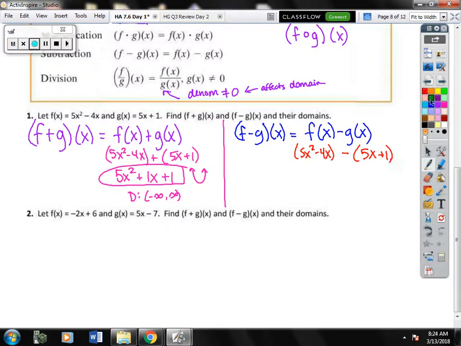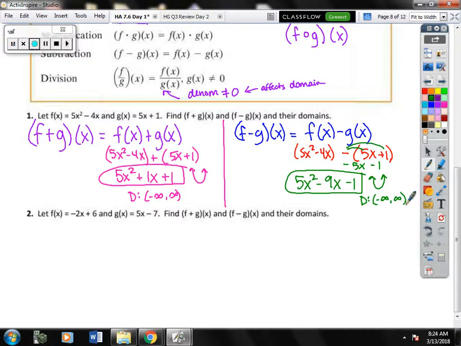Distribute your negative, and then combine your like terms. So we should get 5x squared minus 9x minus 1. The domain, since this is a quadratic as well, is still going to be all real numbers, or negative infinity to positive infinity.